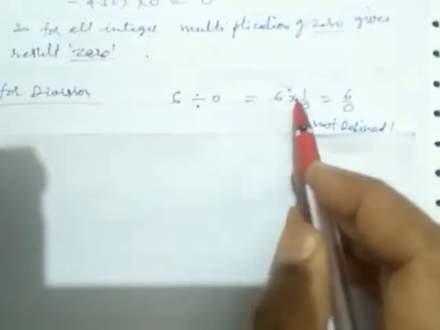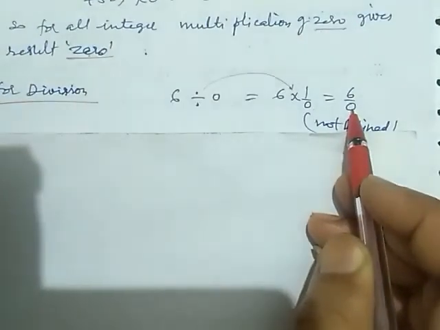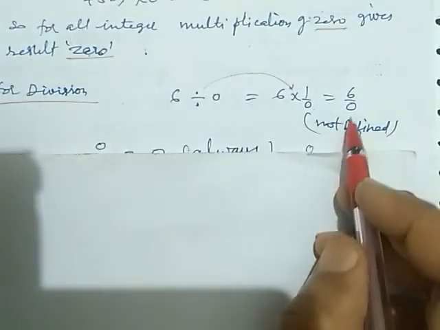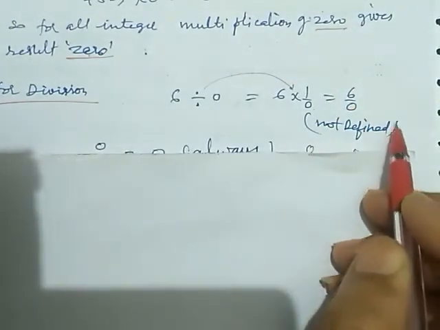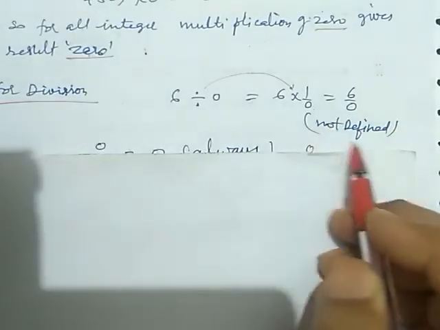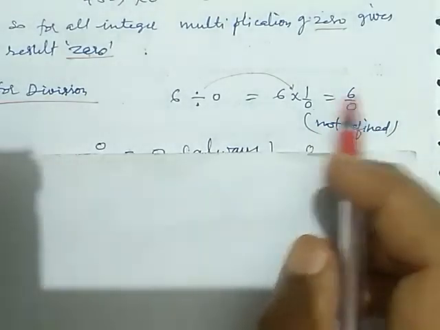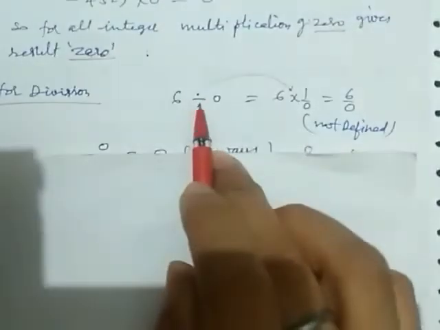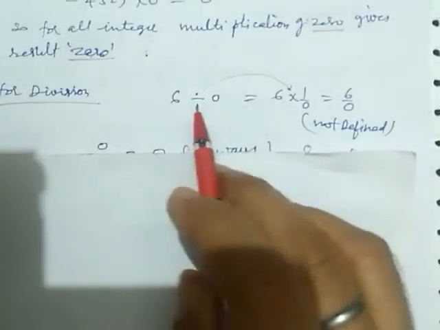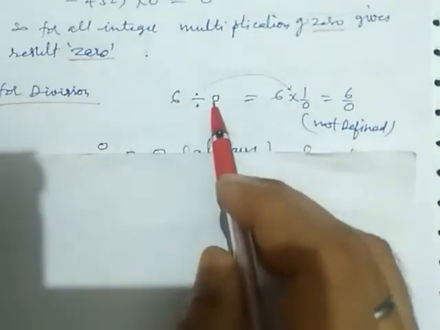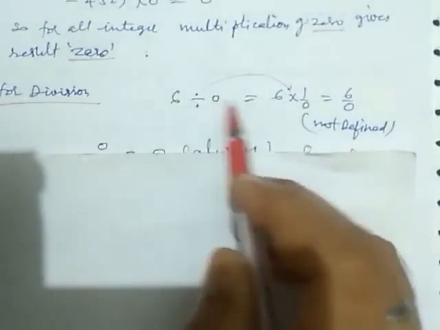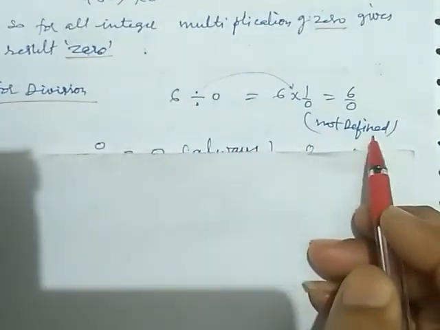The result is 6 into 1 by 0, which is 6 divided by 0. But 6 by 0 is a form which cannot be defined. So when we divide any integer by 0, we get a form which is not defined.